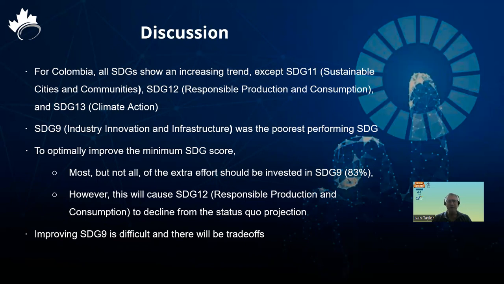And when we tried to optimally improve that minimum SDG score, most but not all of the extra effort was invested in SDG 9, 83%. However, this will cause SDG 12, Responsible Production and Consumption, to decline from the status quo projection. So improving SDG 9 is difficult and there will be trade-offs. However, it can be done.